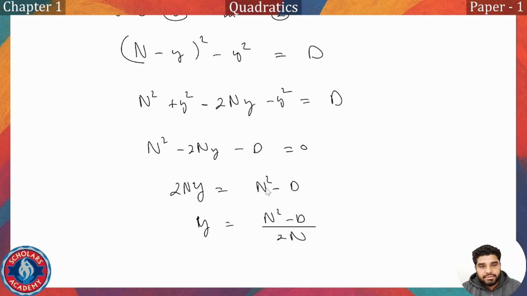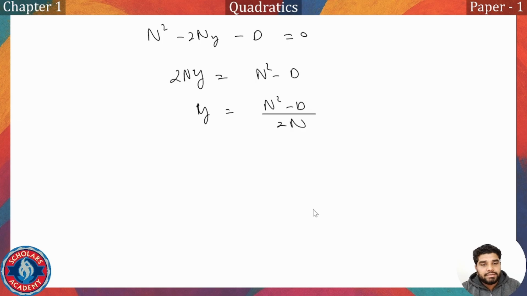So from here I can write y is equal to n by 2 minus d by 2n. So this is the value of y.